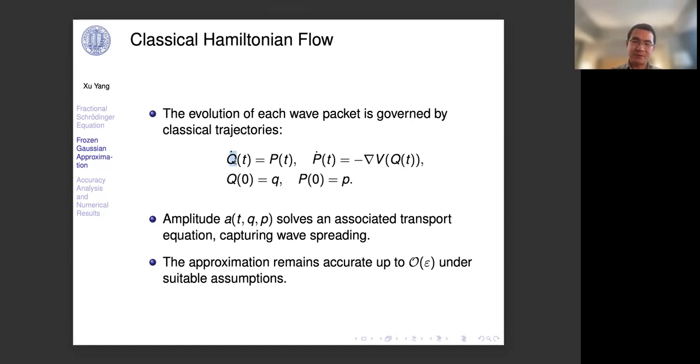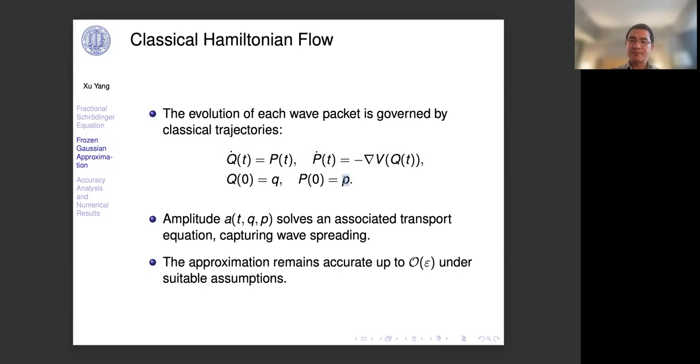The time derivative of the position gives you the momentum, and the time derivative of the momentum is the force. For the standard Schrödinger equation, the force is given by the negative gradient of the potential.